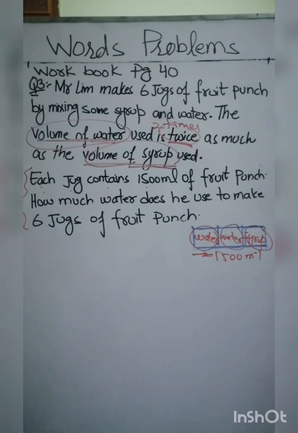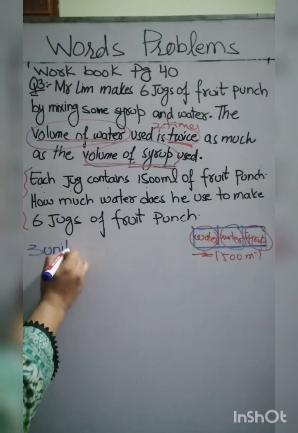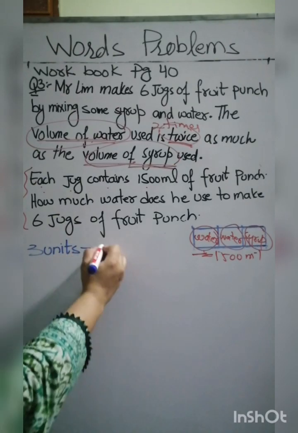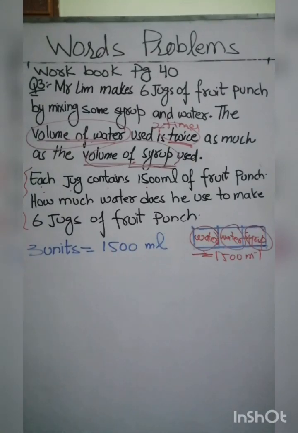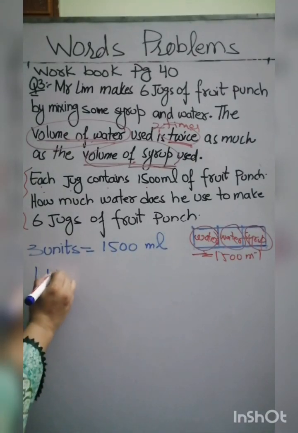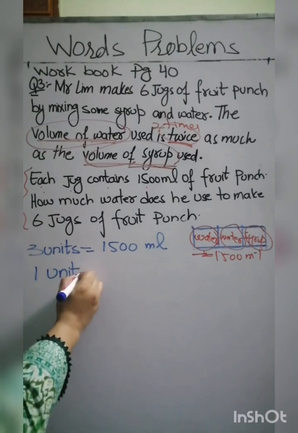We have 3 units here. 3 units is equal to 1500 ml. We find out 1 unit.